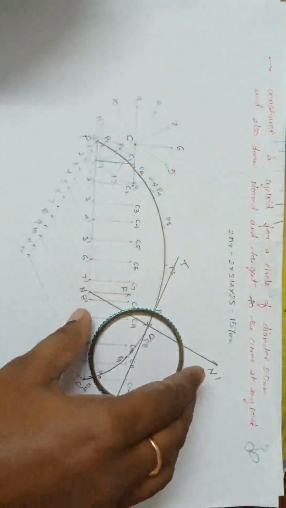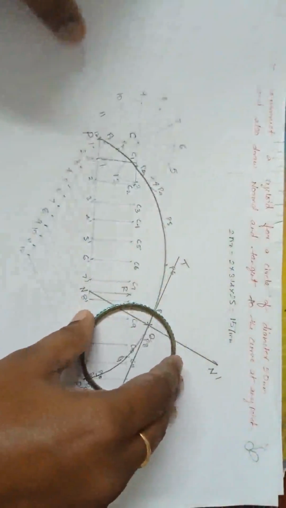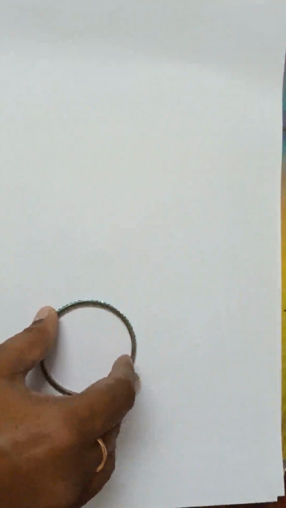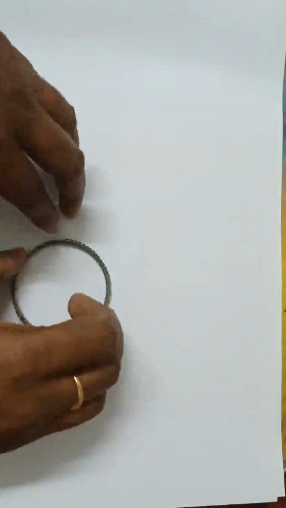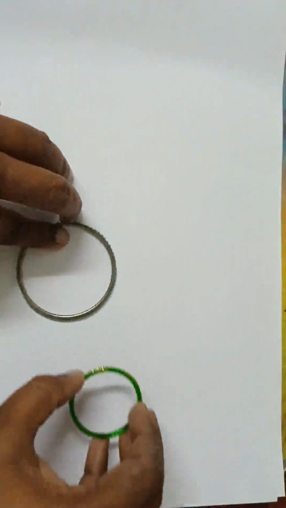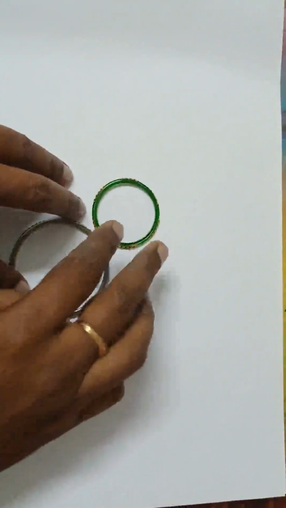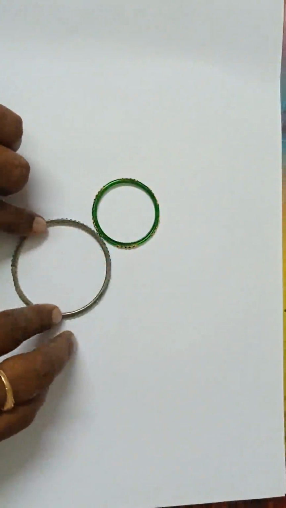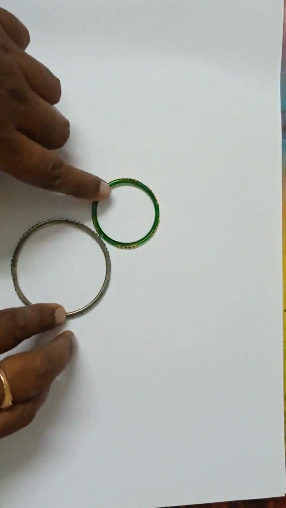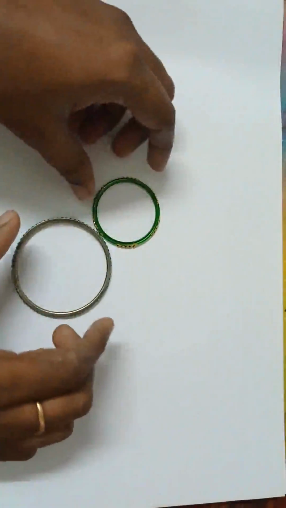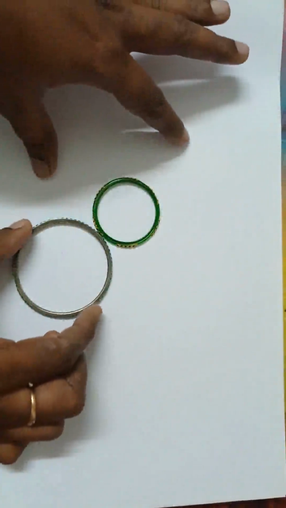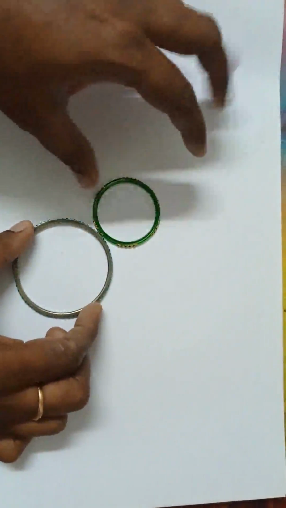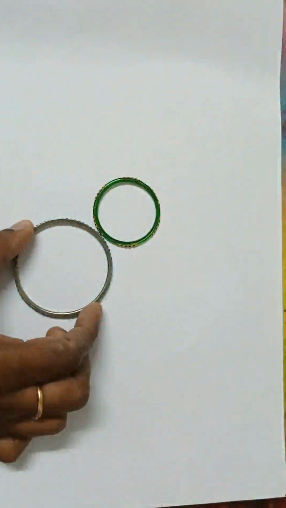Now another condition is there. What is that condition? What happens if the circle rolls on another circle? If two circles are there, one bigger and one smaller, I consider the bigger circle to be fixed and the smaller circle rolling.